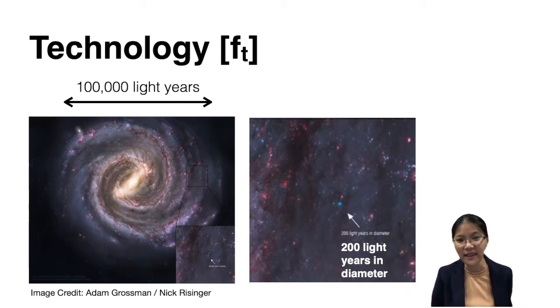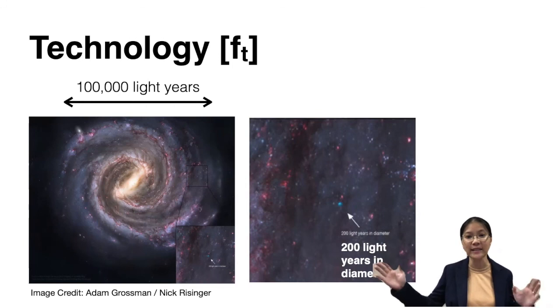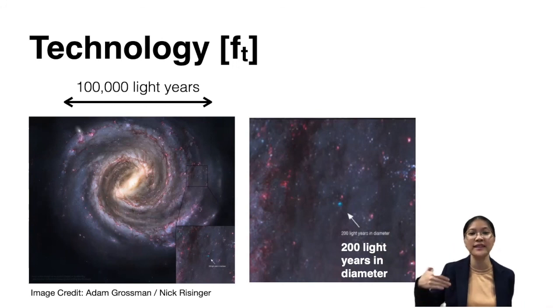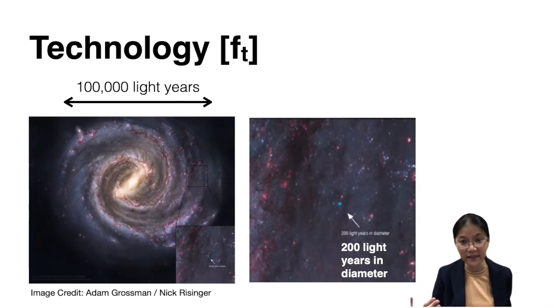The galaxy itself is 100,000 light years across. So you see here the difficulty of communication between different civilizations. It's really because of the vastness of the distances and the finite speed of light.